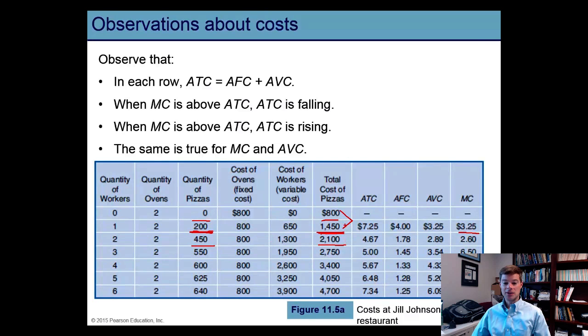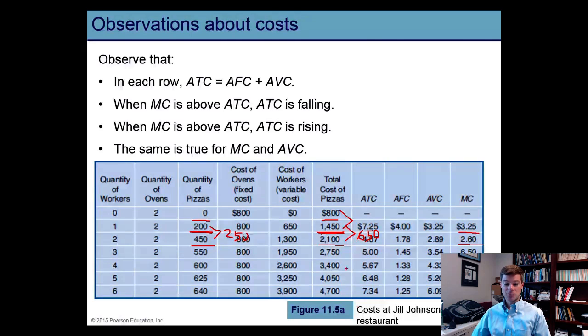So you would take the difference in total cost, which is $2,100 minus 1,450, and divide that by the additional pizzas being produced. There are 250 additional pizzas being produced in between these two rows, and the additional cost is $650.